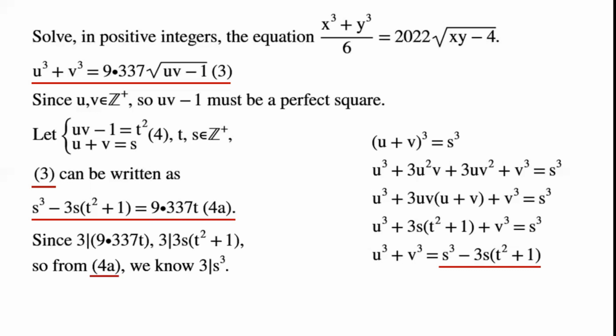Since 3 divides 9 times 337t, and 3 divides 3s times (t squared plus 1), so from equation 4a, we know that 3 divides s cubed, thus 3 divides s.